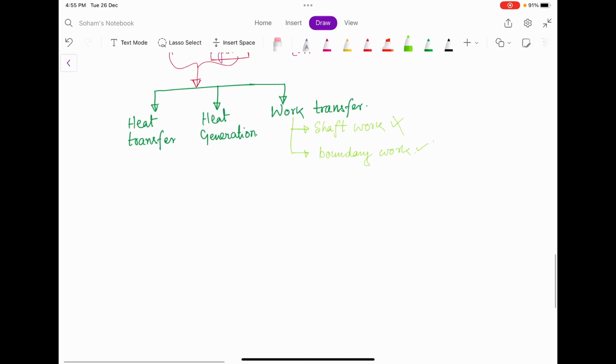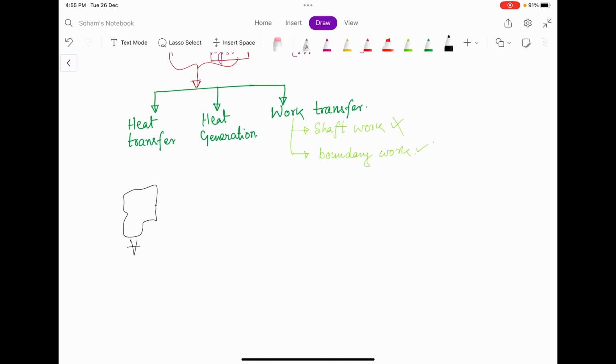Now this heat transfer, how can we denote it mathematically? Let us concentrate on this heat transfer. If I have this surface, or maybe this is a volume V body, and I have an infinitesimal surface, this is dA. Heat transfer can be by some heat flux.